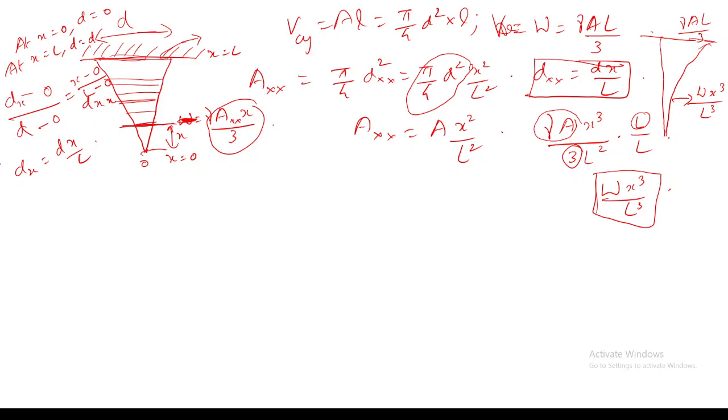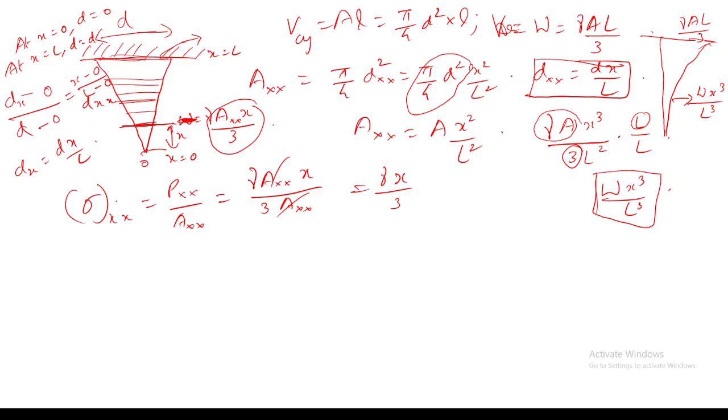Then I will find out the value of stress at any particular location, which equals Pxx divided by Axx, which I can write as gamma Axx into x divided by 3 into Axx, and which ultimately turns out to be gamma x by 3. And here also the maximum stress will occur at the top fiber.